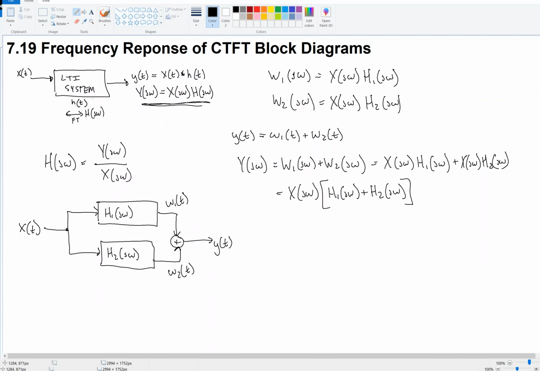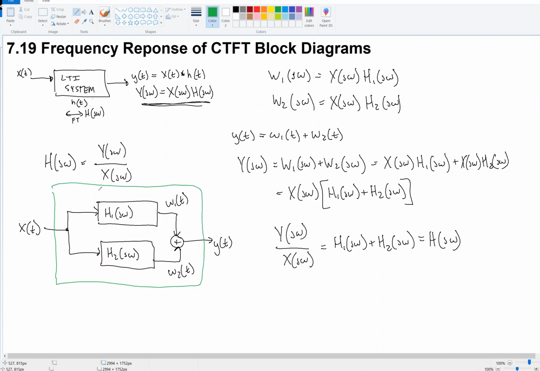And then, remembering that the overall frequency response is Y over X, I can divide by X, and I get the overall frequency response is H1 plus H2. I'll call that H.